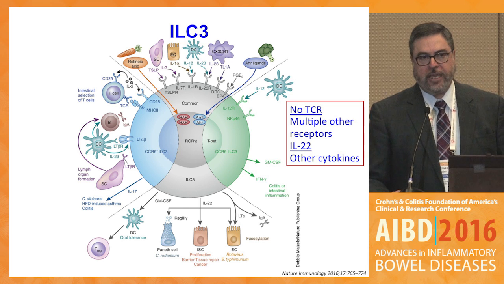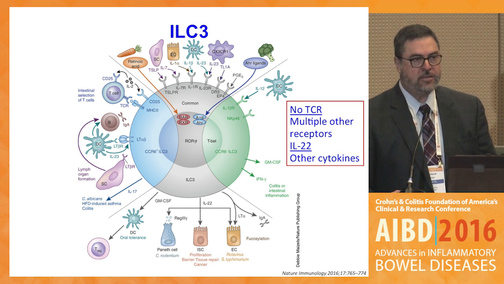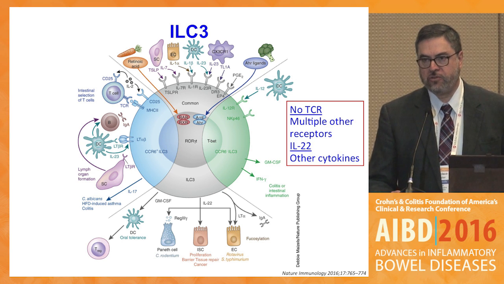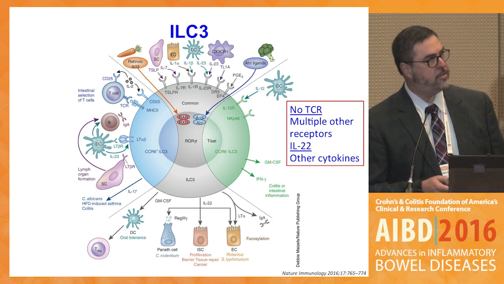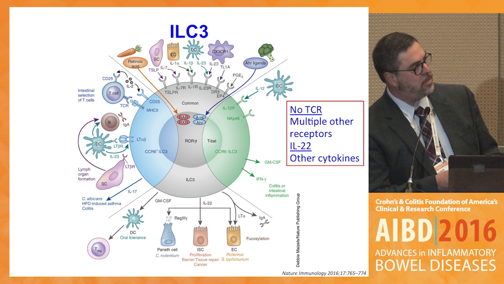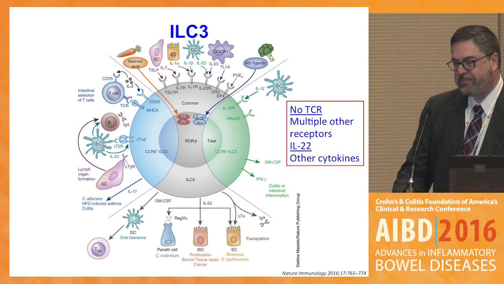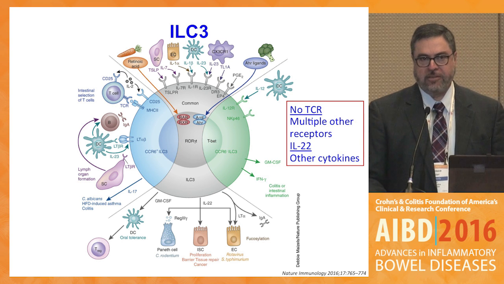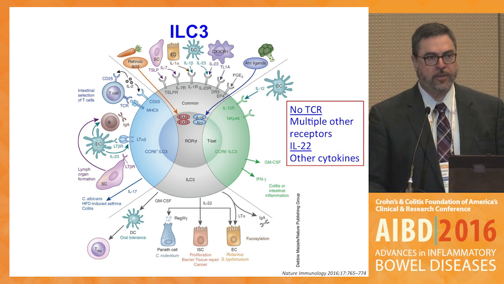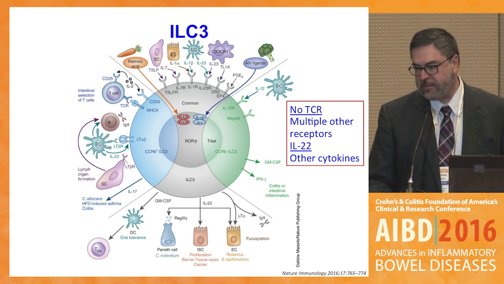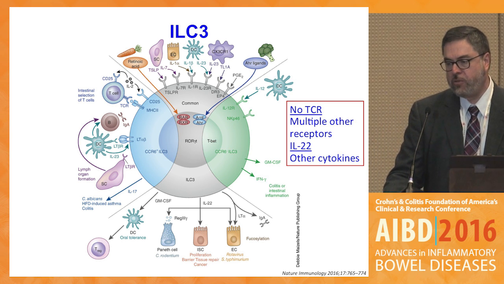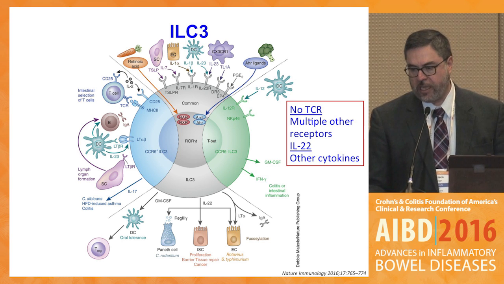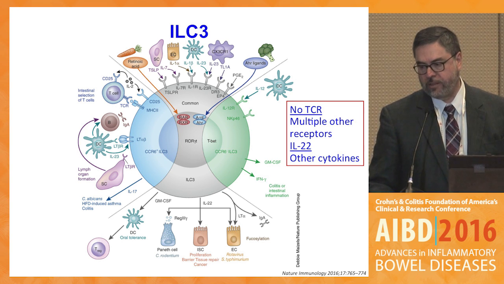So ILC3 is an innate lymphocyte cell that can respond to environmental cues, and these are present in the diet. You see the carrot and broccoli right there, part of a healthy diet, right? And these generate retinoic acid and aryl hydrocarbon receptor ligands, which can have immune modulating effects on these cells. And they also talk to other cells, immune cells, epithelial cells, and so forth.